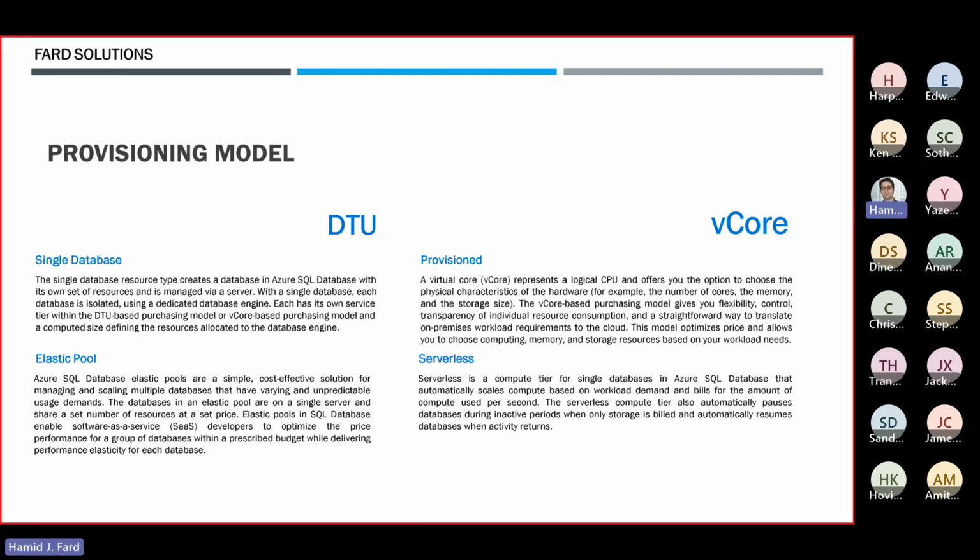You can use the elastic pool, and also, as I said, it is cost efficient. Another one is the vCore. vCore is a new generation of resource provisioning in the Azure SQL DB.